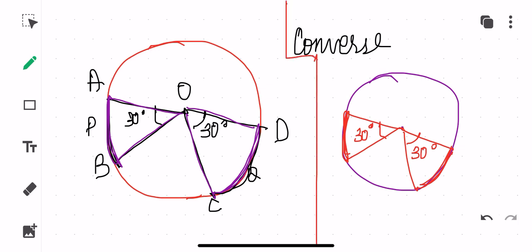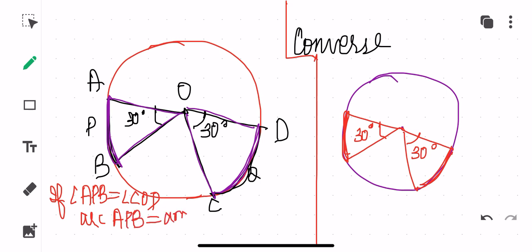So this is our main. So according to the main statement, it says, children, if angle APB is equal to angle COD, so this implies that length of, not measure, children, this is actually length. So you will be writing that arc APB will be equal to arc CQD. Okay, so this is my first statement.